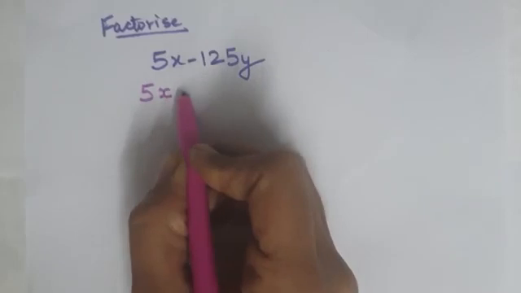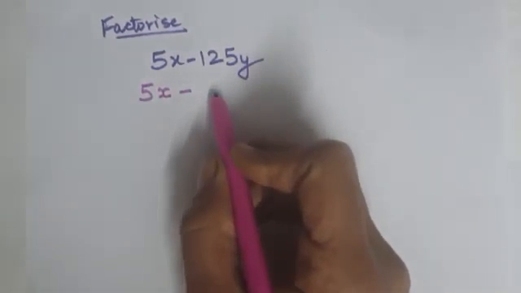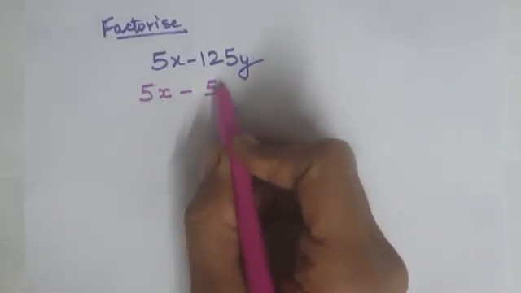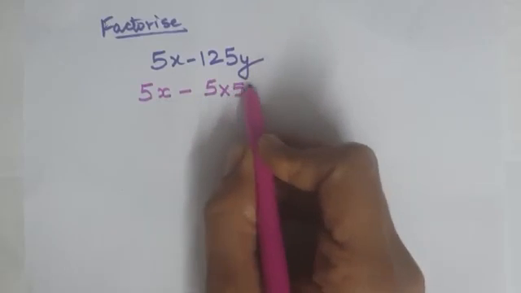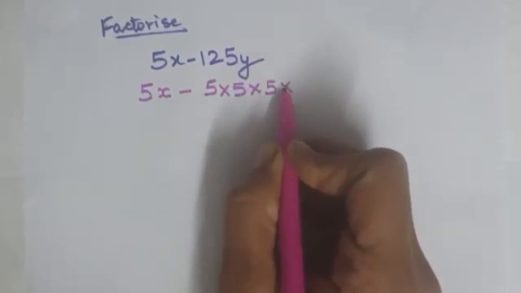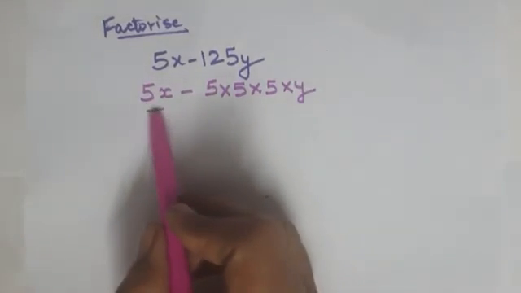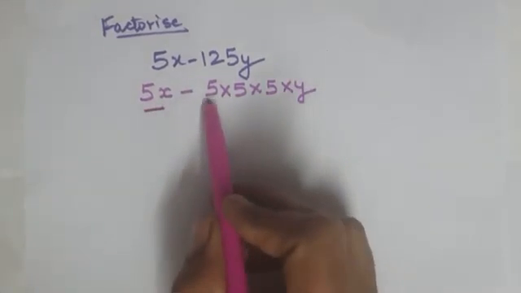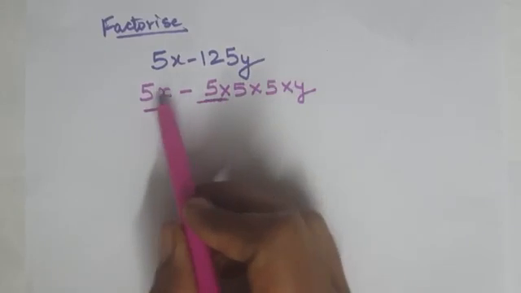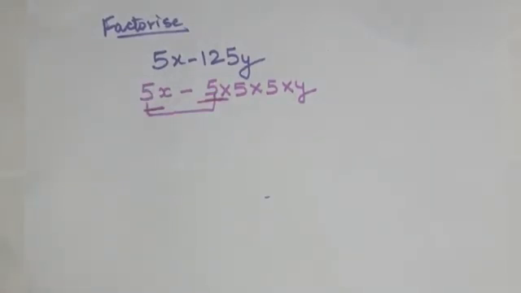Now this is 5x. Now 125 can be written as 5 multiply 5 multiply 5 multiply y. Now from here you can think very easily that one 5 is here, one 5 is also here. So it means these two are common.